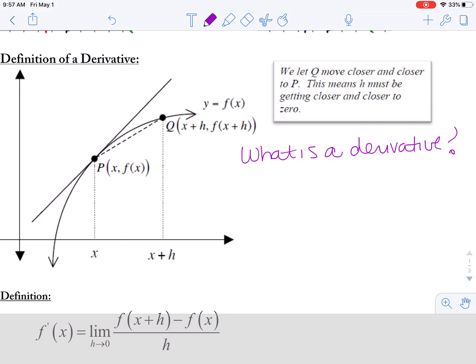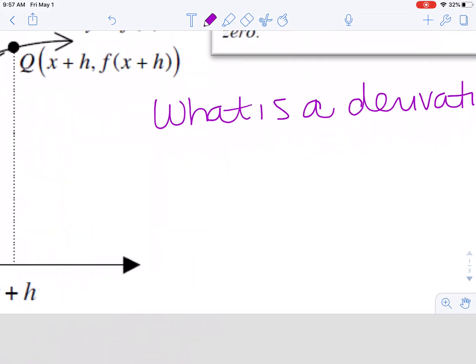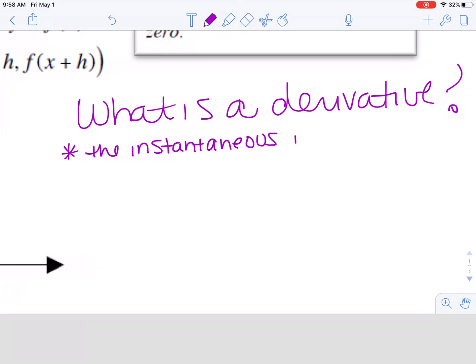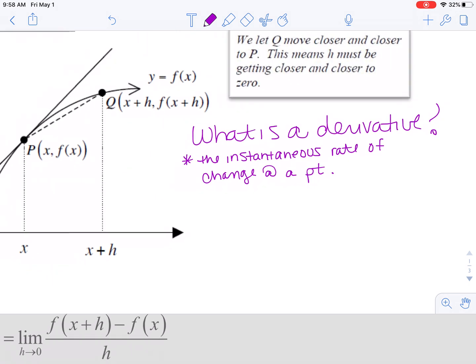So a derivative very easily is going to be the instantaneous rate of change at a specific point. So we're going to say the instantaneous rate of change at a point. Okay.